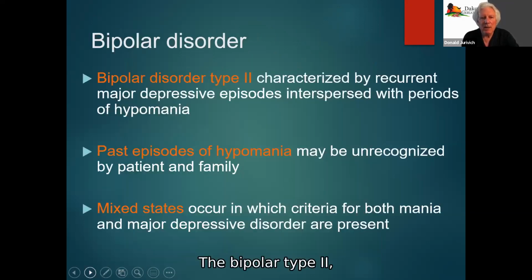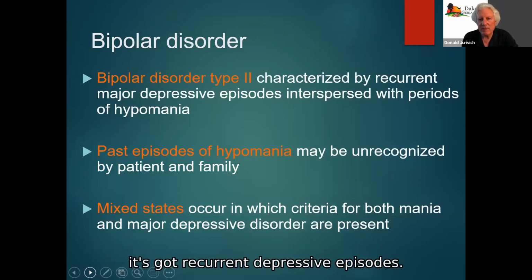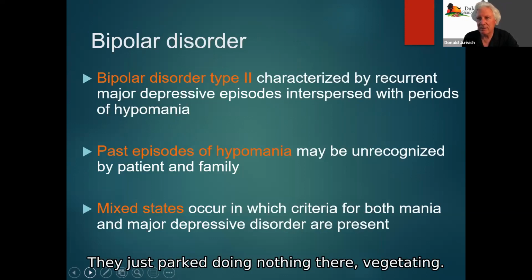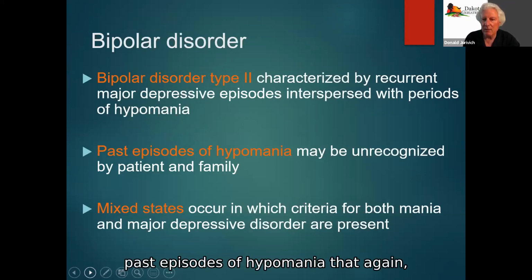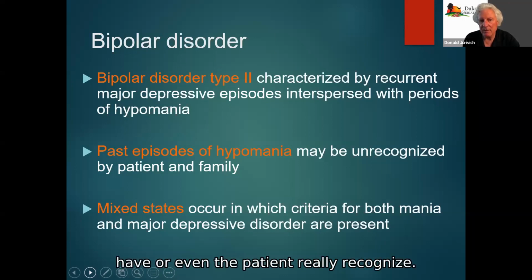So the bipolar type 2, as we mentioned earlier, it's got recurrent depressive episodes with these periods of listlessness. They're just parked doing nothing, they're vegetating. There's association with past episodes of hypomania that, again, the family and friends may not have, or even the patient really recognized.